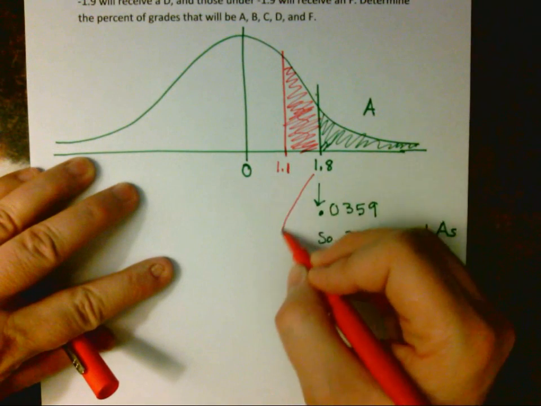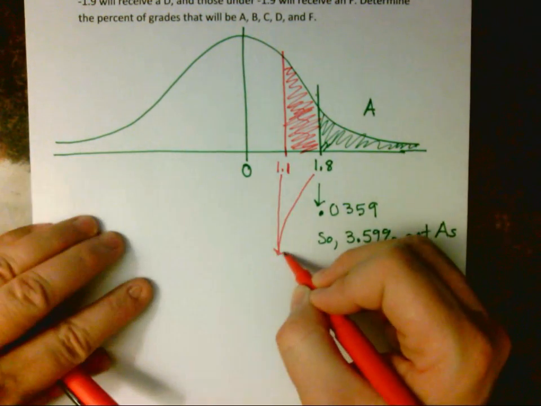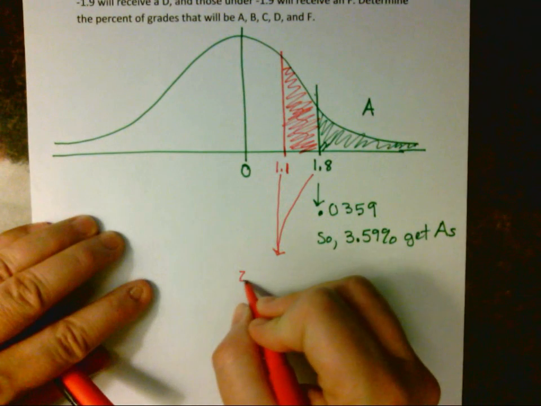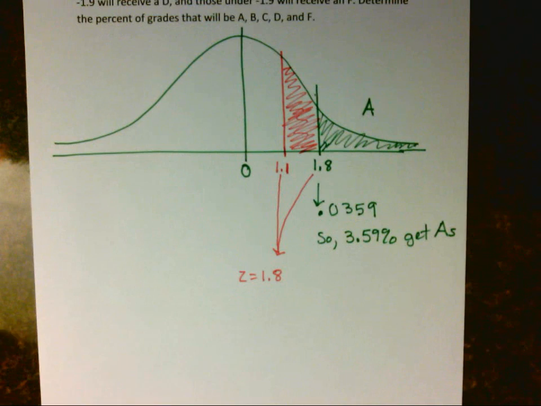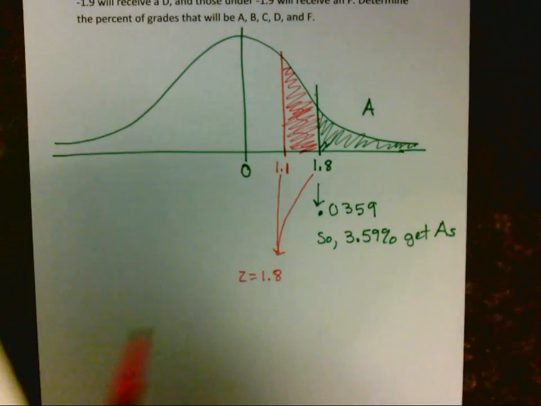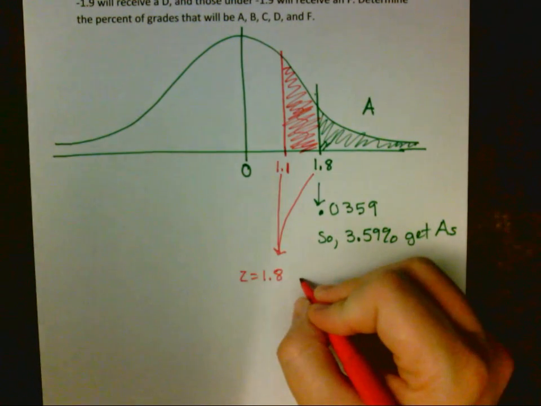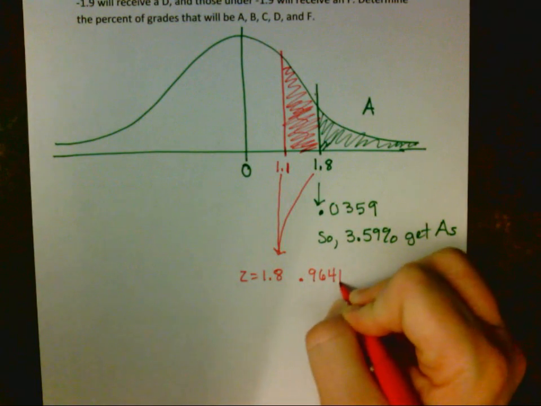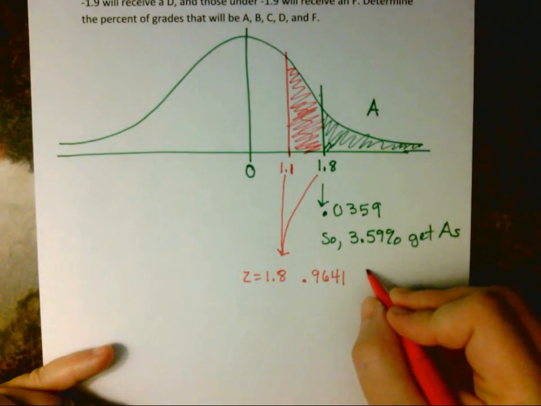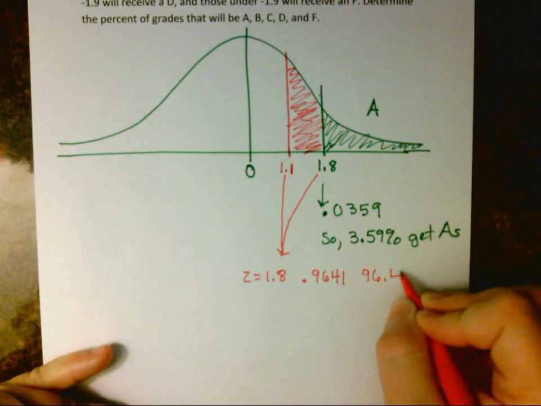So I'm going to look up a z of 1.8, positive 1.8 on the positive table, and it's 0.9641, which we know is 96.41%.